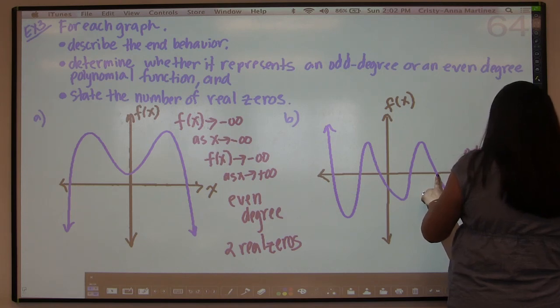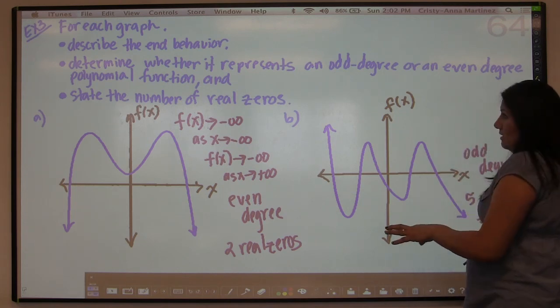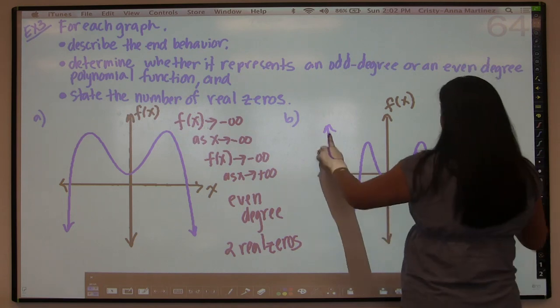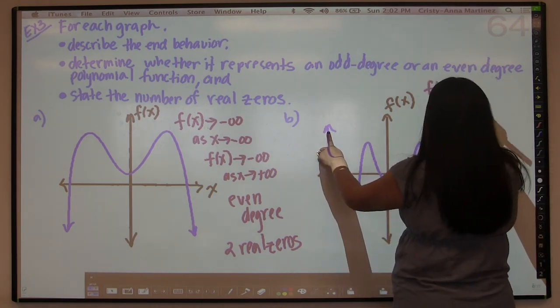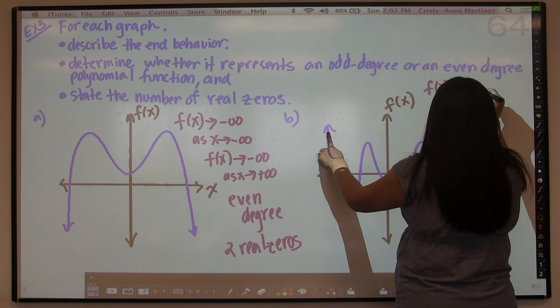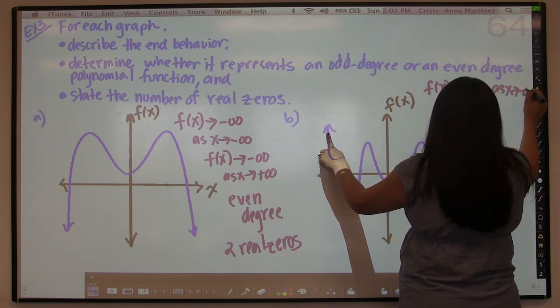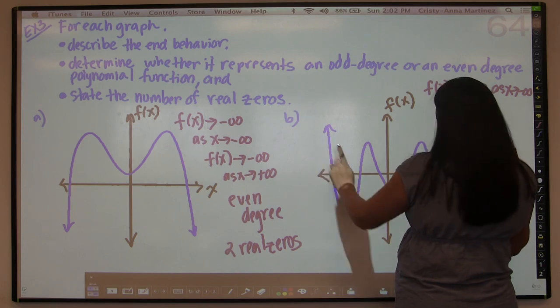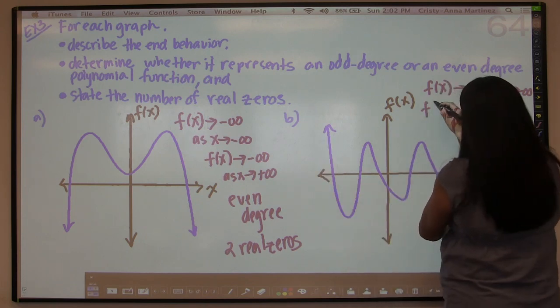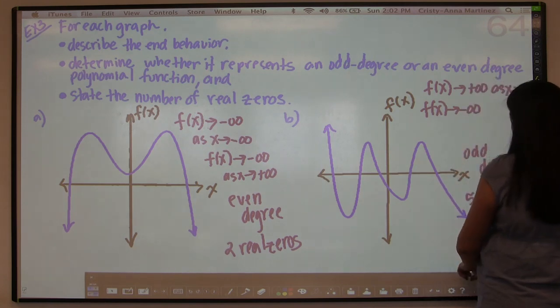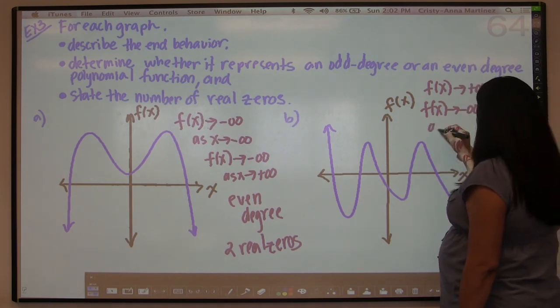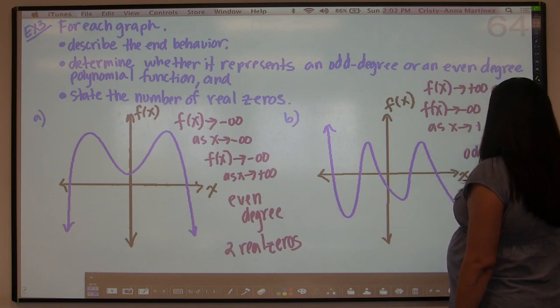And our last thing is to actually state the end behavior. We're going to positive infinity as x approaches negative infinity. On the other side, we are approaching negative infinity. So this arm is going down, down, down. We're approaching negative infinity as x approaches positive infinity.